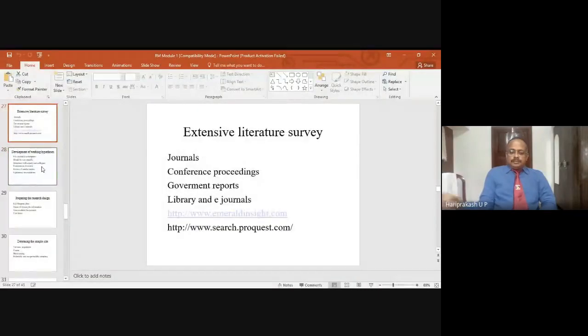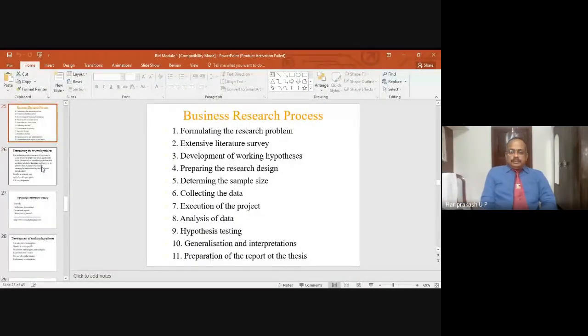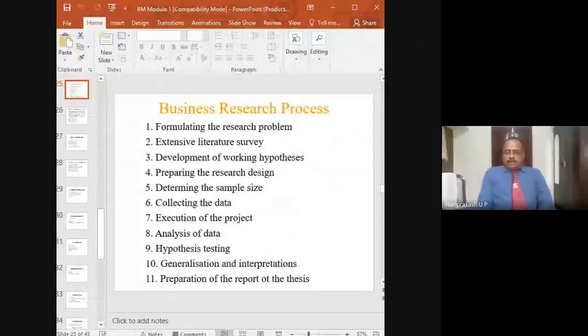We are going to discuss the different steps involved in the business research process. There are 11 different steps involved in the business research process.